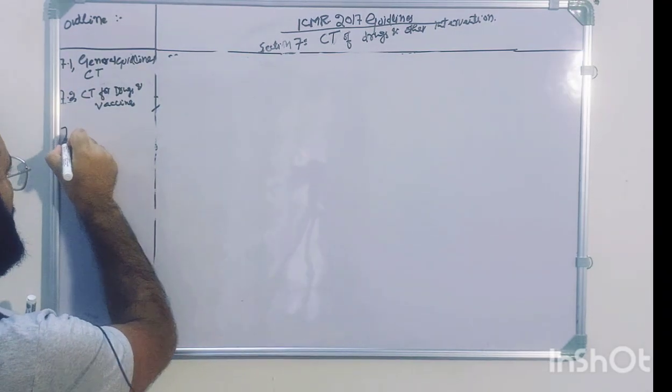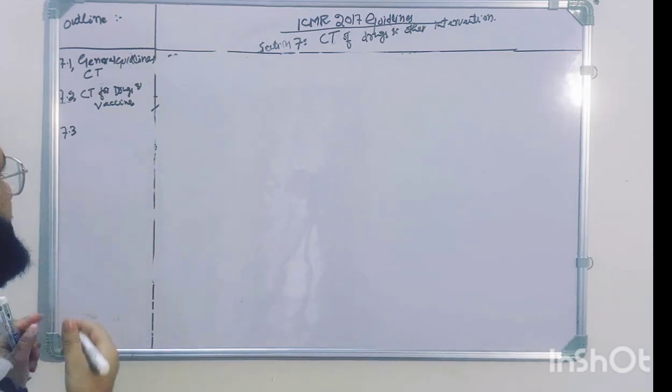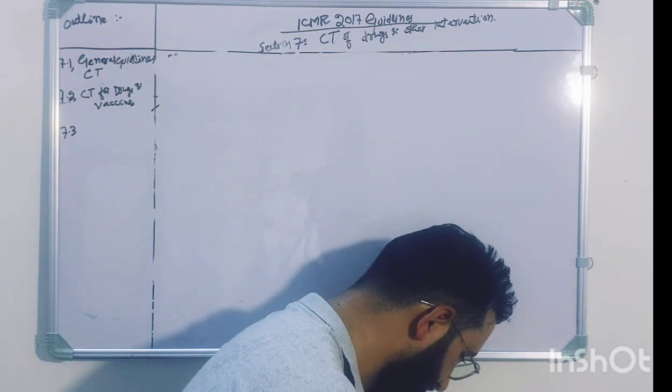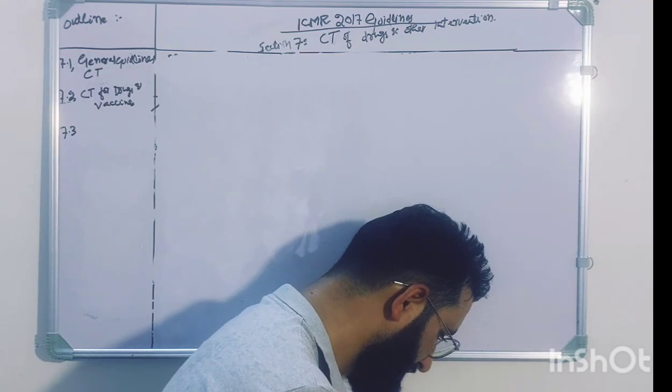Now in this video we will learn about part 3 of this Section 7, that is bioavailability and bioequivalence.